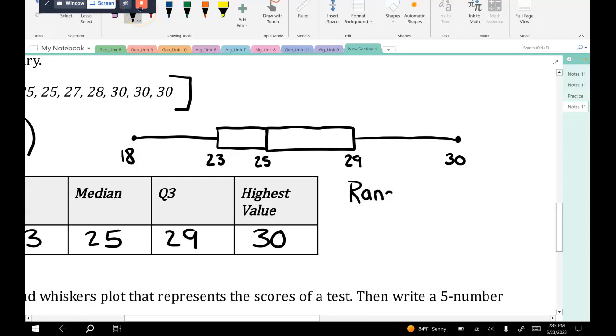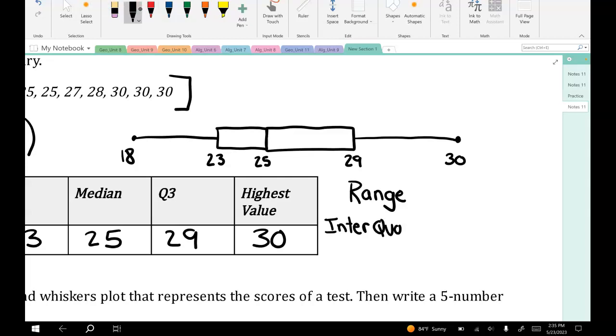So range and interquartile range. Remember, the normal range is your difference between your highest and your lowest. Our highest value is 30 and our lowest value is 18. So to find the range, we do 30 minus 18. That would give you 12.